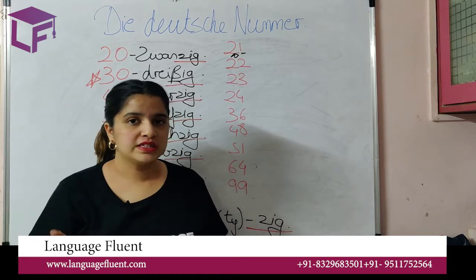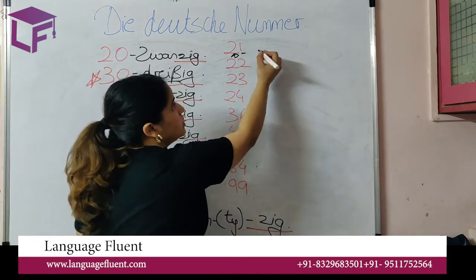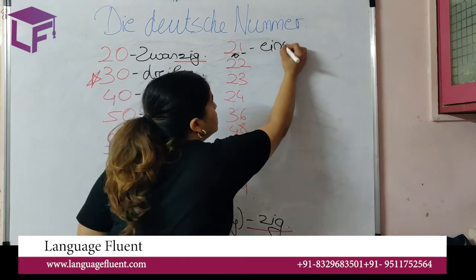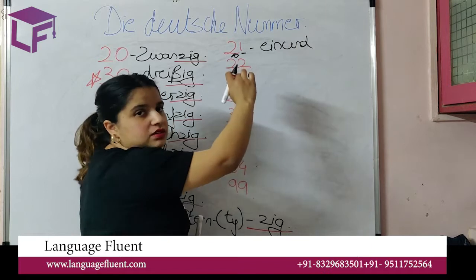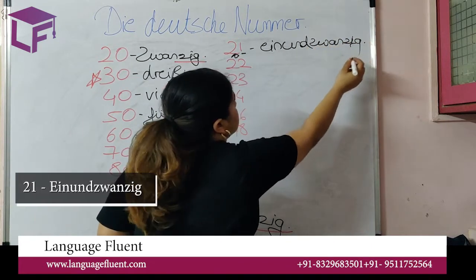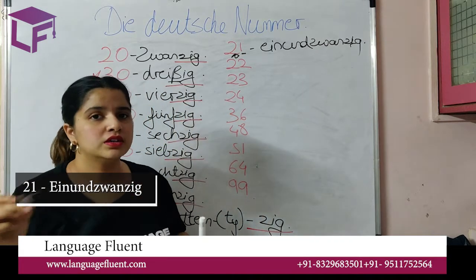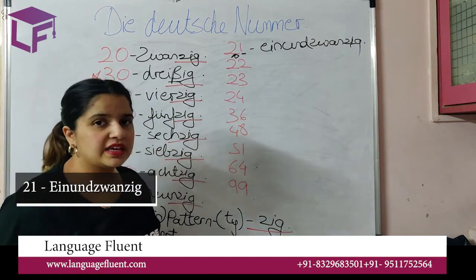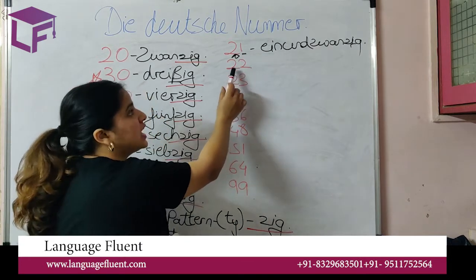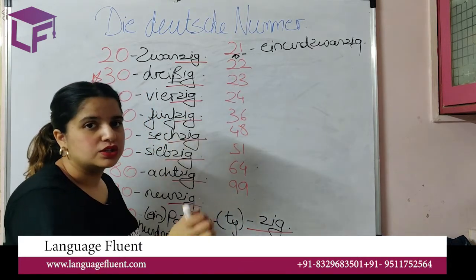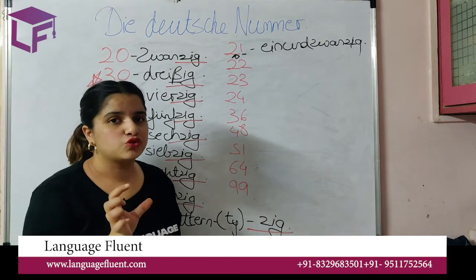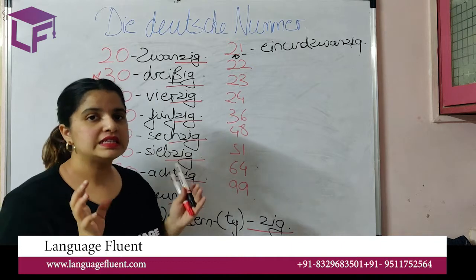So first I am placing 1, so ein, and, which is und, 20. So ein und 20. Remember this very carefully. First we have to use this number and then the bigger number. So exact opposite of English, only we have to add an extra word which is und, that is and.